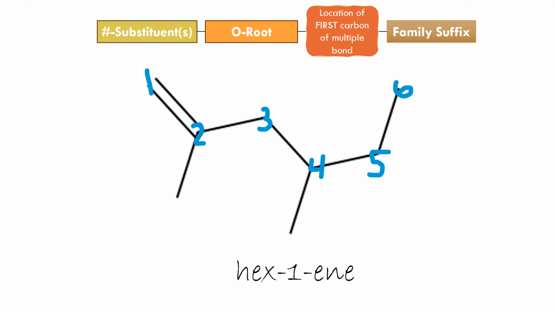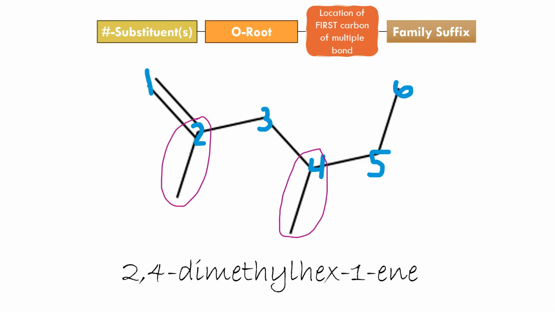Notice the location of our dashes. Dashes are used to separate numbers and letters. Now, we also have 2 substituents, each a 1-carbon alkyl group. So we're going to put that all together, identifying that I have 2 of the 1-carbon alkyl groups and their locations to get the name 2,4-dimethylhex-1-ene.